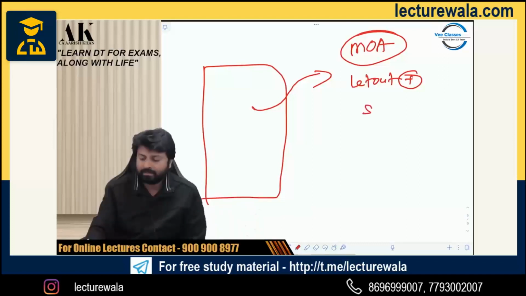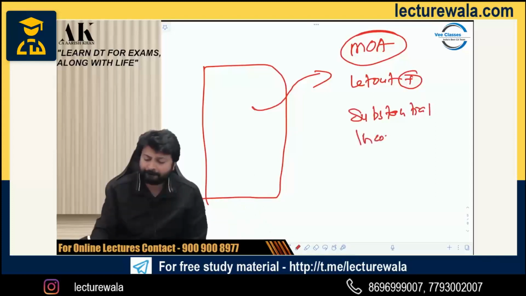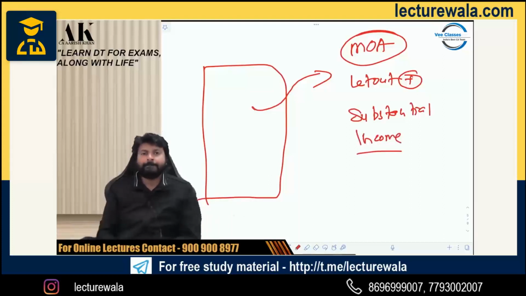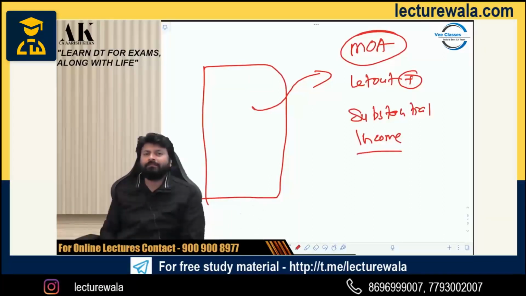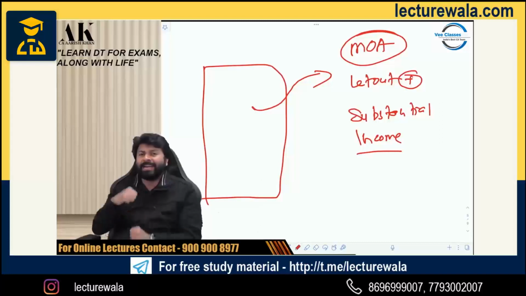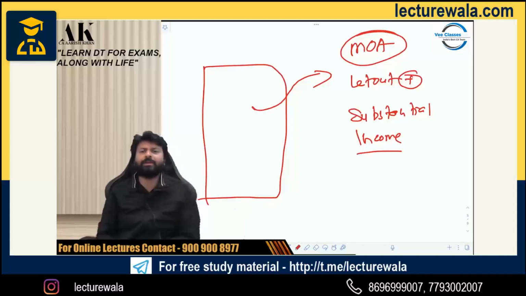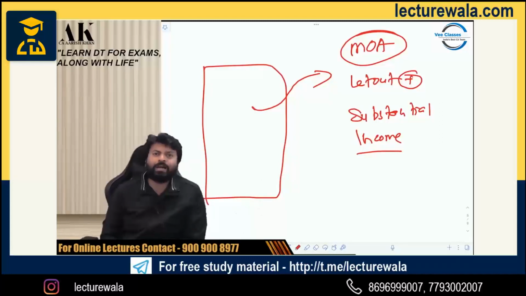Plus, their substantial income comes from letting out. My main objective is to acquire property and let out. Let out is my main objective. Not to sell like Lodha.